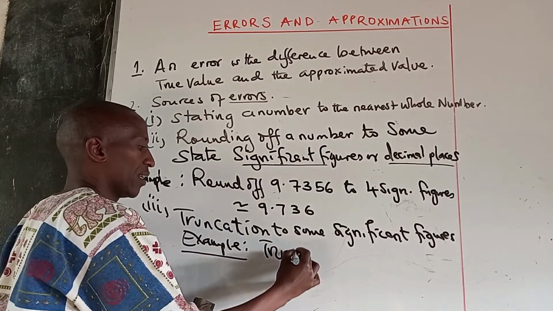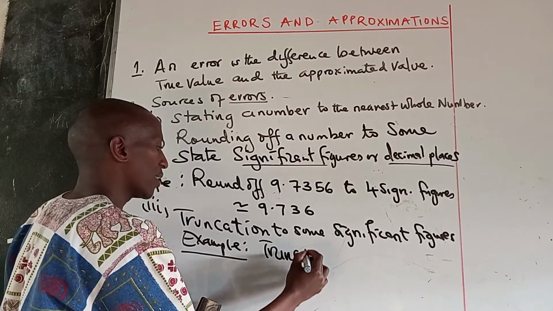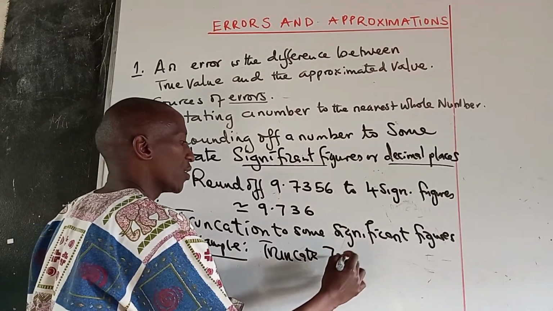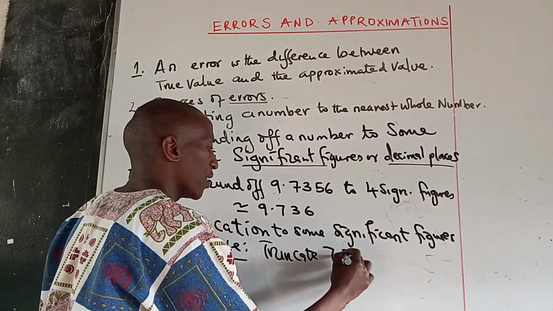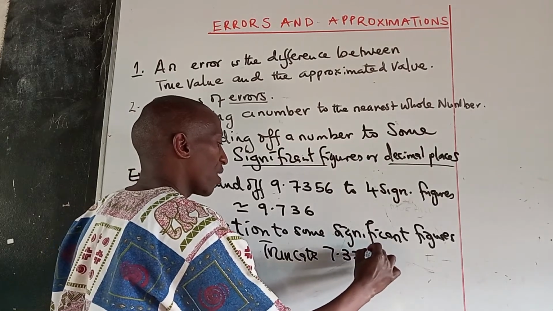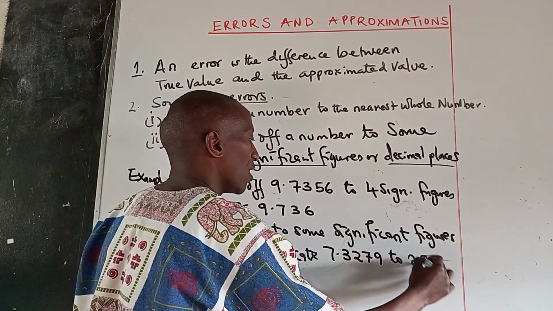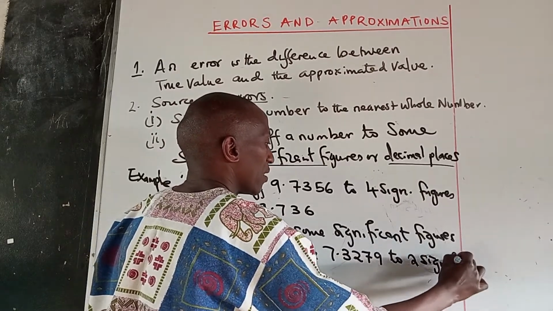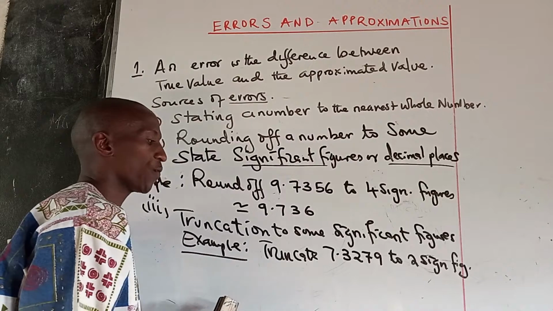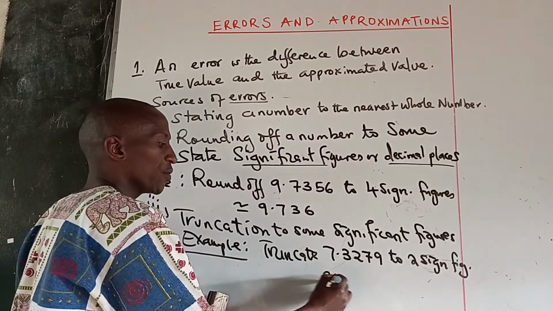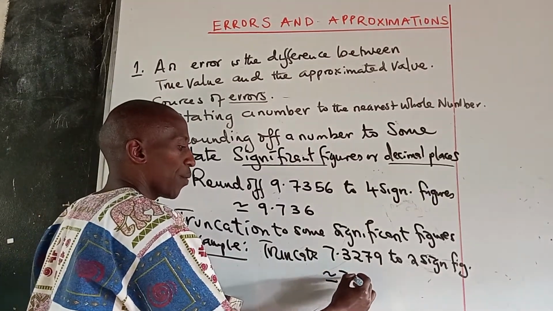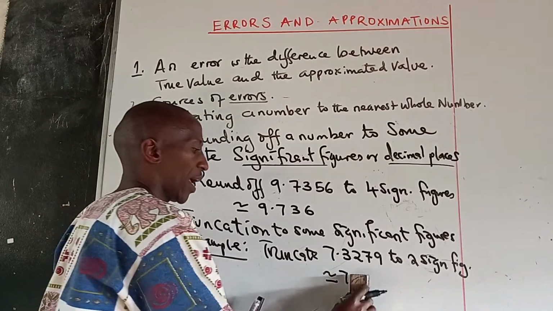Truncate 7.32792 to two significant figures. You'll find that will be approximately equal to 7.3, and we stop at that.